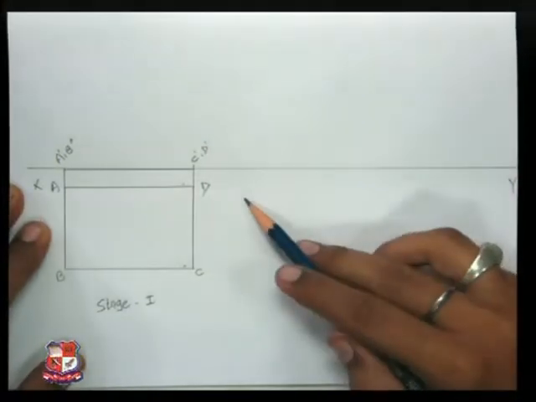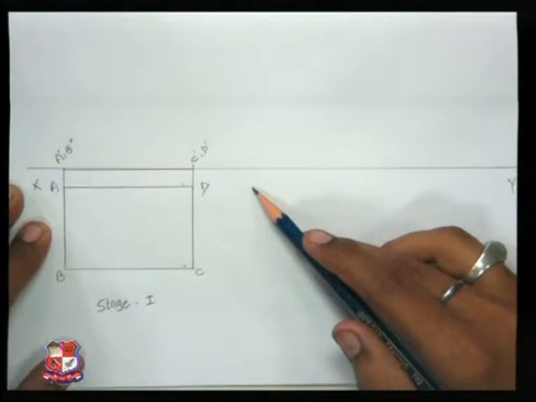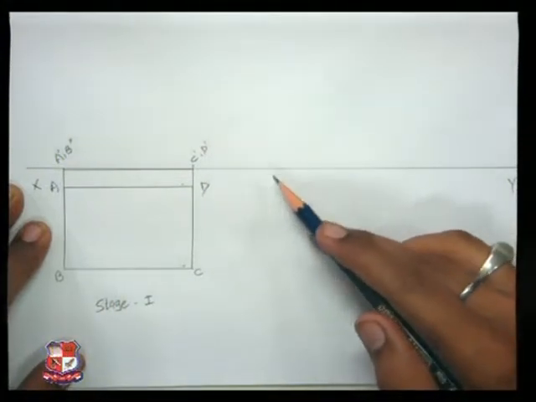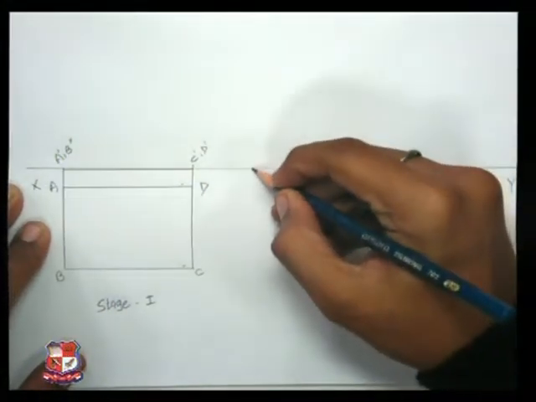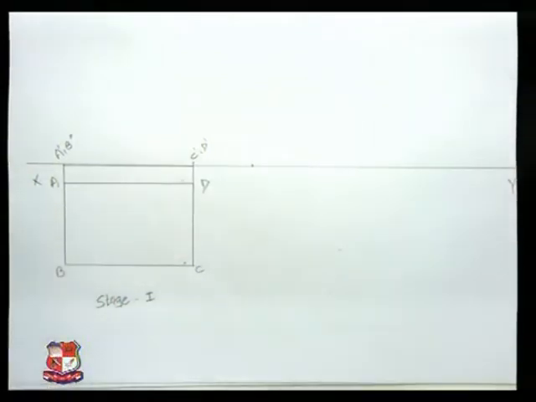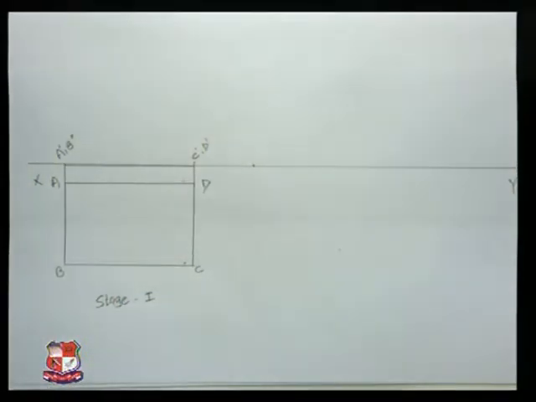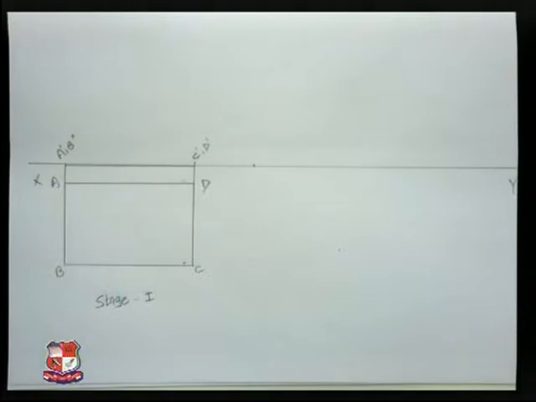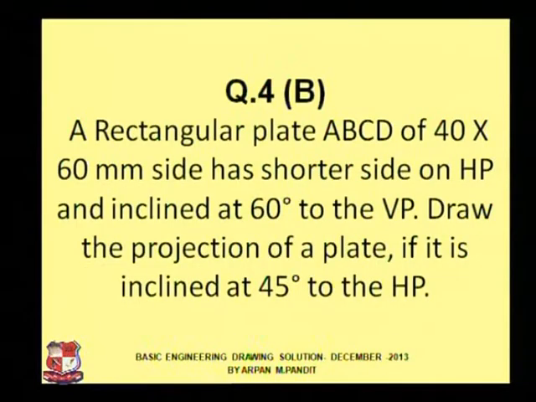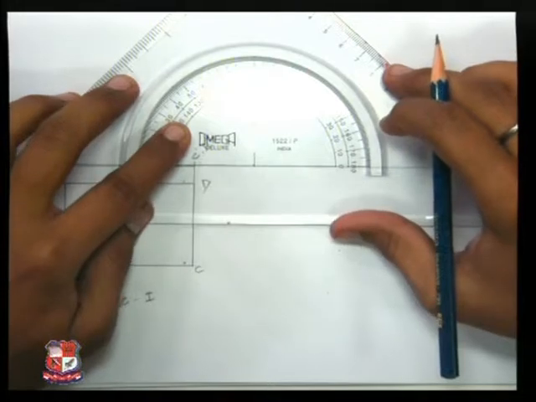In stage 2, we will implement the angle with HP. Please see in the example what is the angle with HP is given. Angle with HP is given as 45 degrees, which means that we need to draw a reference line from this XY line to 45 degrees.